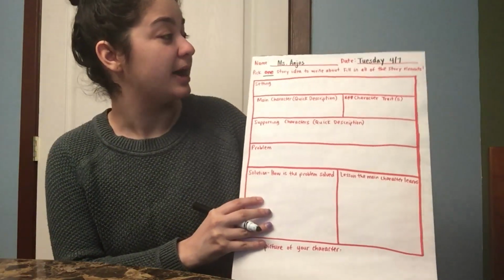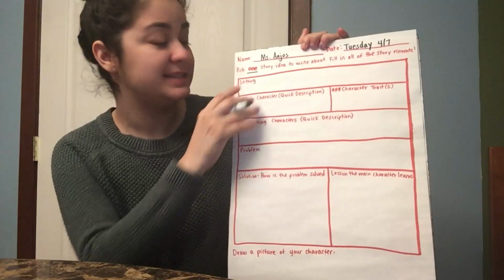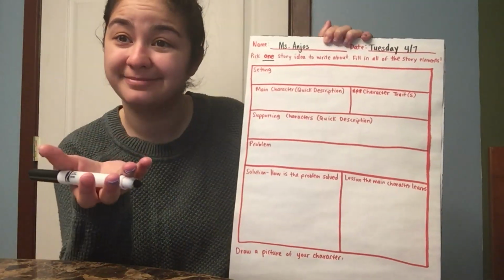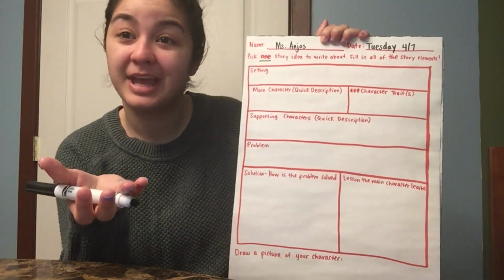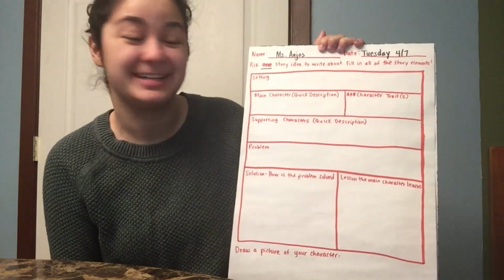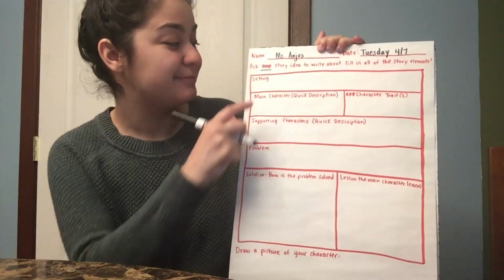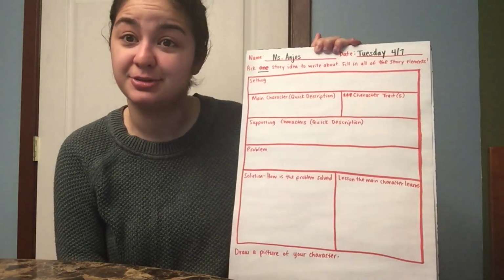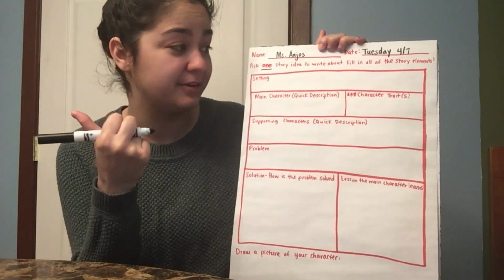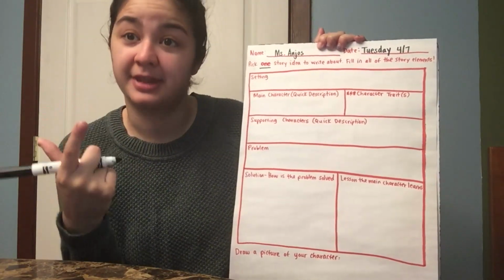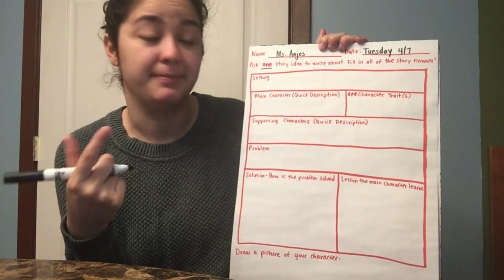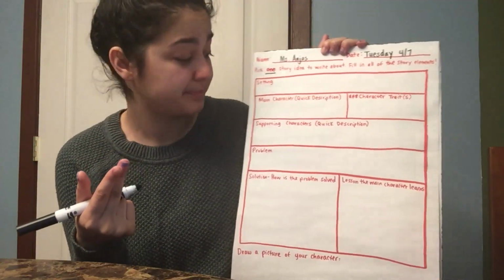Okay? So, as I do that, I'm thinking of my setting, which is what? Where and when the story takes place. I think of my main character, right? I usually know my main character either off of the title or they're in a lot of the illustrations. The story is mainly about them.